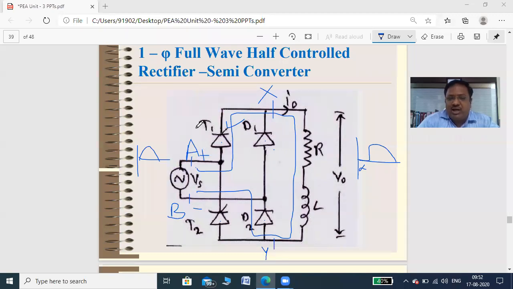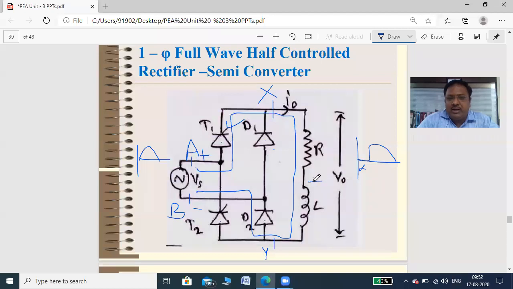Otherwise, every time we say T1, T2, T3, but here T1 D2 conducts because A is positive, T1 is forward biased, T2 is reverse biased. B is negative, D1 is reverse biased, T2 is forward biased. Okay. So your current starts from Vs, then flows through T1, then the X terminal, then R, then the inductor.